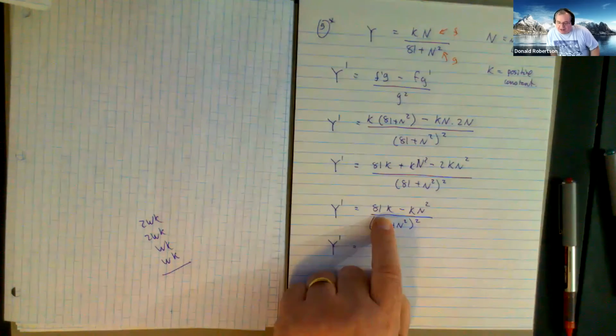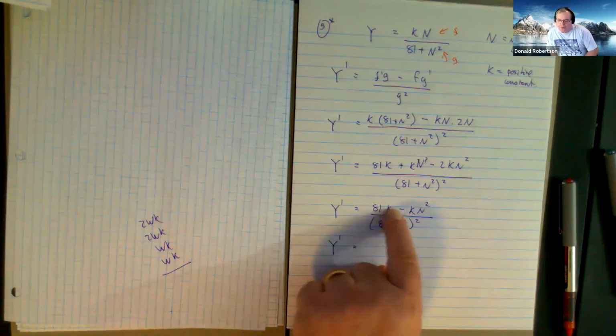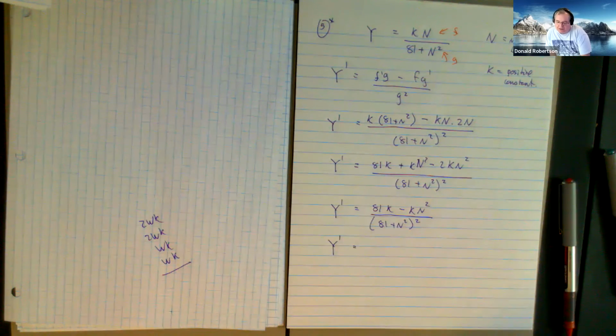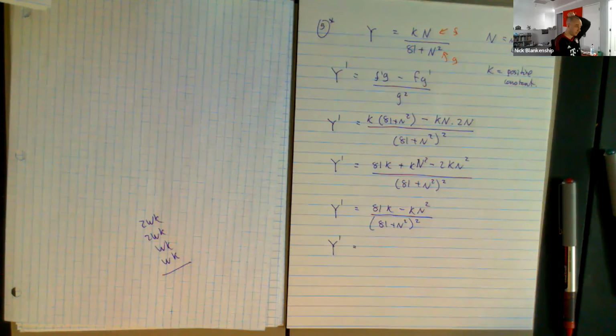Style points. Is there anything you can do to the top line? Even if it's a minor thing, is there anything you can do to the top? Factor out k.